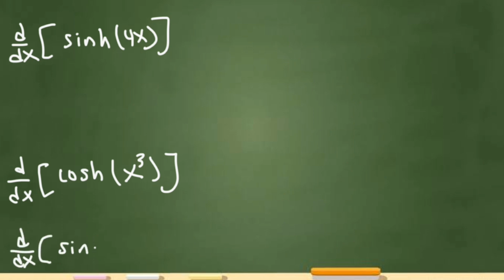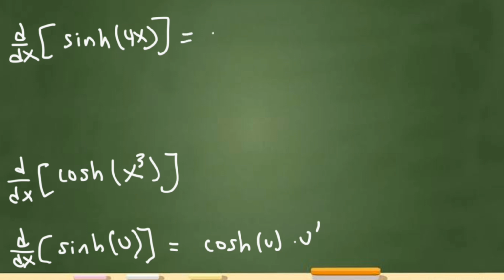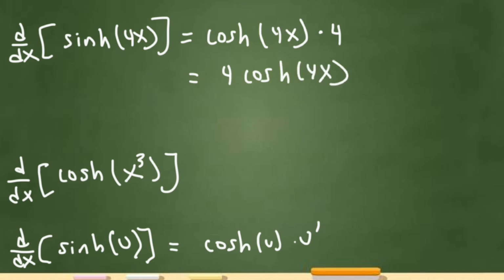The derivative of hyperbolic sine of u, where u is a function of x as opposed to just x, is hyperbolic cosine of u times the derivative of the inside, or u prime. We'll keep the inside part the same, 4x, times the derivative of 4x, which is 4. So it's 4 hyperbolic cosine of 4x.